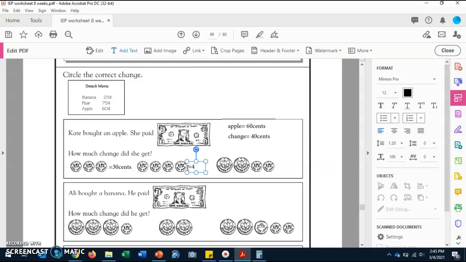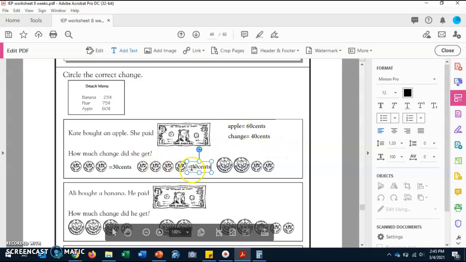So this is equal to 40 cents. Is this the same thing as what we got over here? Yes, it is. Good job. So can this be our answer? Yes, maybe it can. However, we're not going to stop here. We're going to check our next answer choice just to be sure that this is our correct answer.